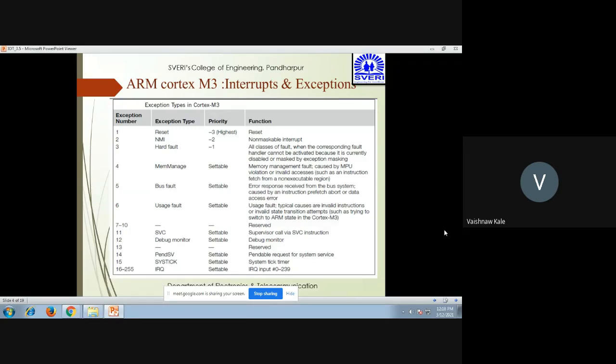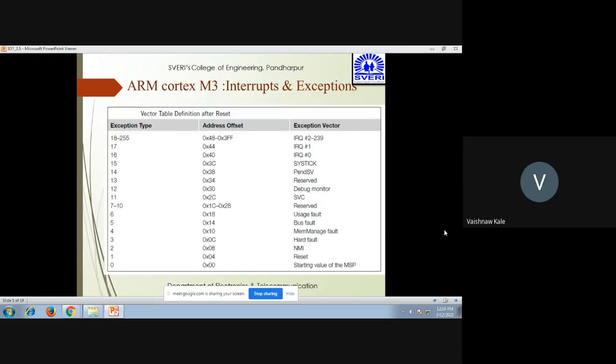Then the system tick timer. And from 16 onwards, interrupts and exceptions together are commonly called IRQ, which is nothing but interrupt request. It is basically from 0 to 39, but from here it will be from 16 to 55.